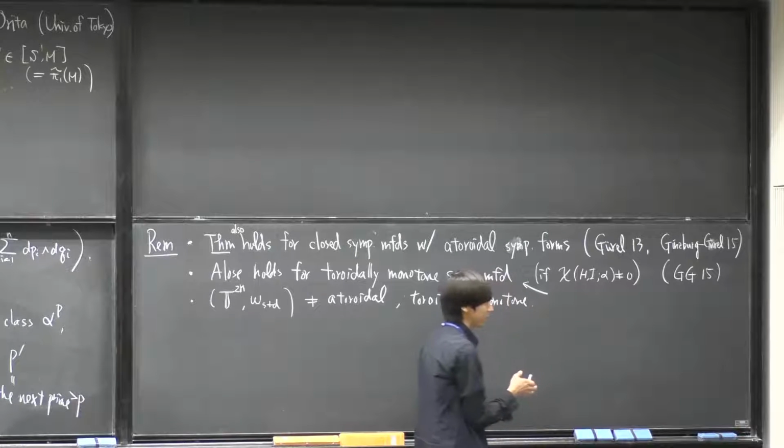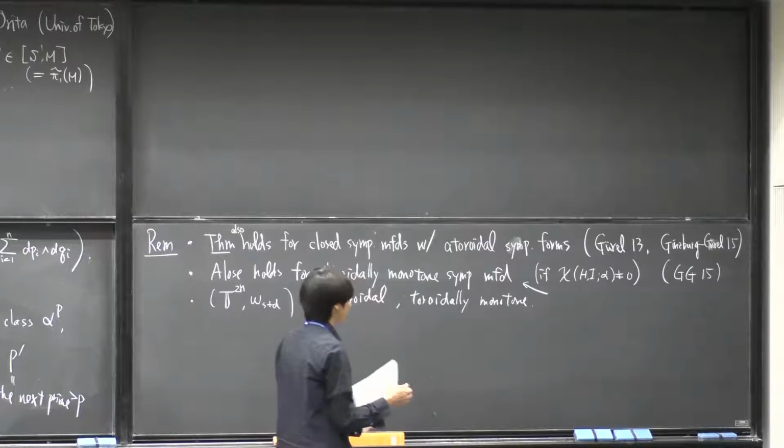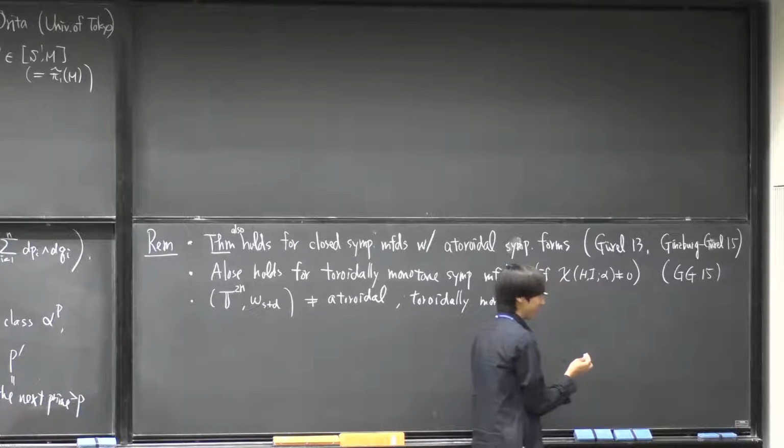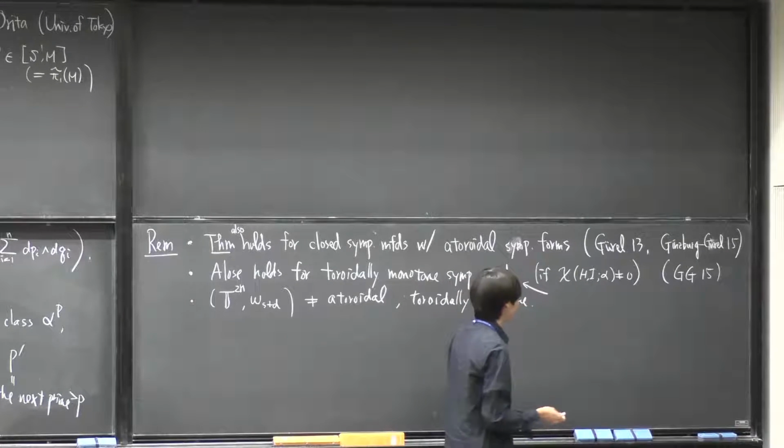By using augmented action filtration, they could avoid using the Floer-Novikov homology.